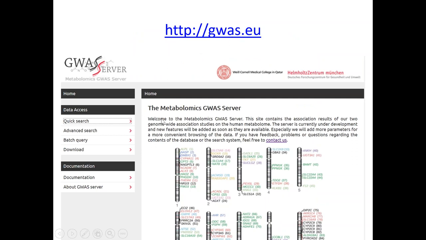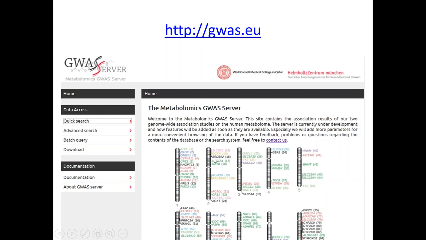On that server, we basically put all the GWAS association data from the different GWASs. So you can go there with different search tools and ask, is the gene I'm looking for interesting? What you should remember is that in these GWAS papers, we always report the genome-wide significant hits, the strong hits, the ones where there's absolutely no doubt, because we want to publish these and we don't want to speculate.